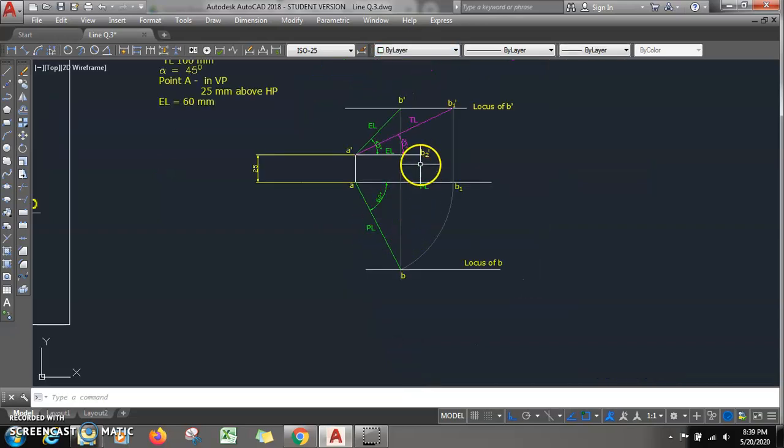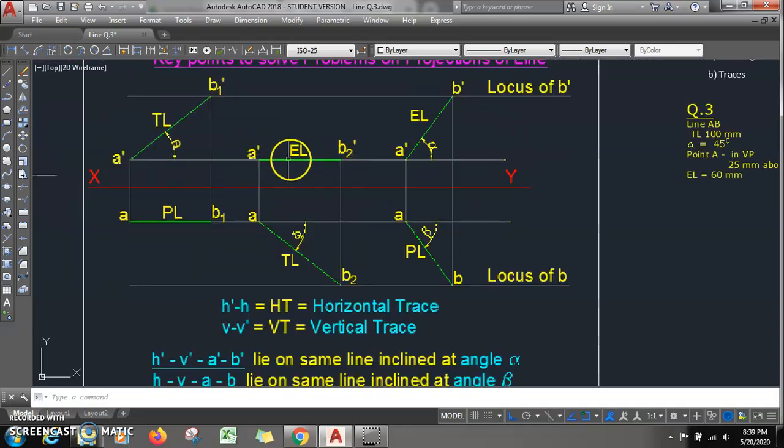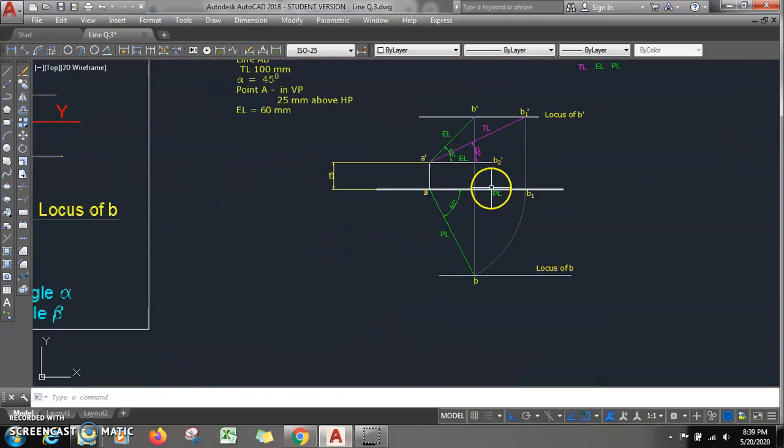Okay, and what next? We know we have elevation length parallel to xy. So from this B2 dash, if I draw a vertical line, I will be getting point B2 on the locus of B, which will give me the true length at angle phi.